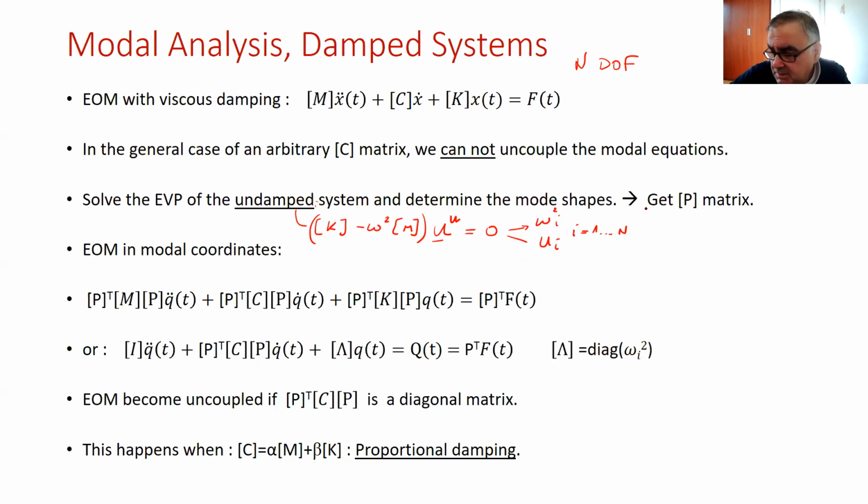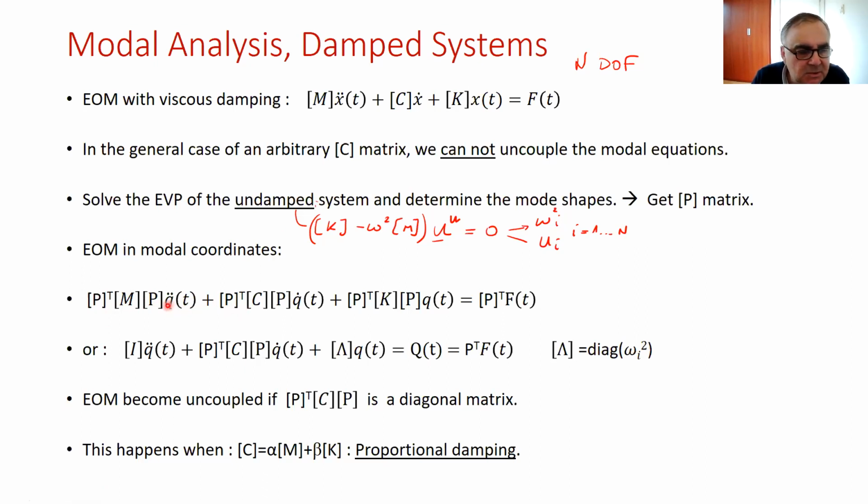That is what we do for an undamped system, but we have damping in the system. So what do we do? As you remember, after getting the P matrix, we want to obtain the equation of motion in the modal coordinates, and to do that, we convert our equations into modal coordinates.